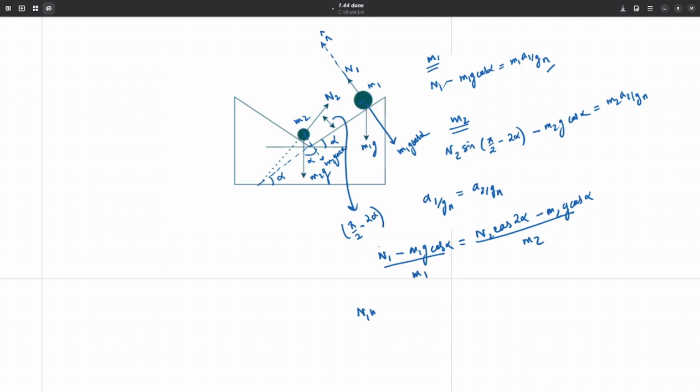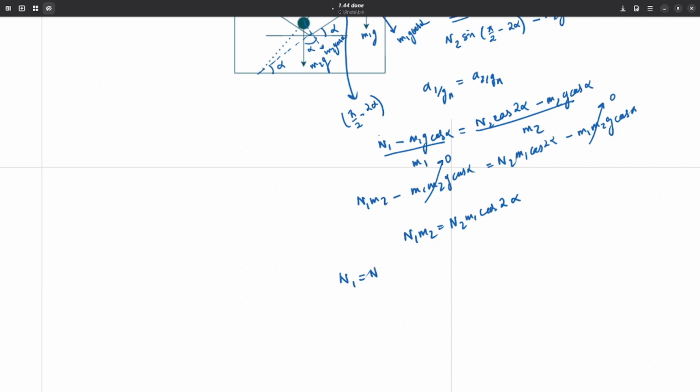Now n1 m2 minus m1 m2 g cos alpha is equal to n2 m1 cos twice alpha minus m1 m2 g cos alpha. This and this cancel out, and we are left with n1 m2 is equal to n2 m1 cos twice alpha.